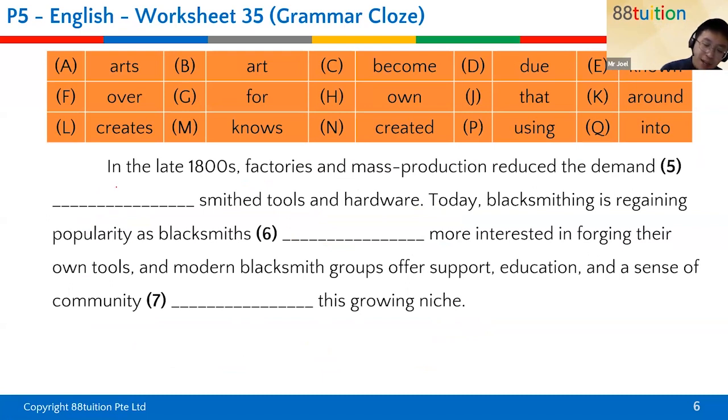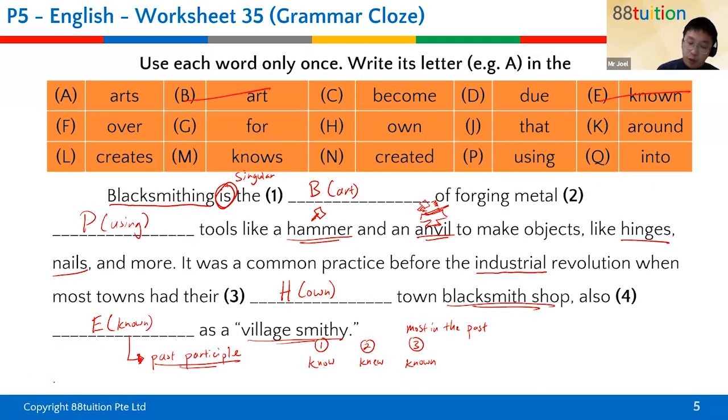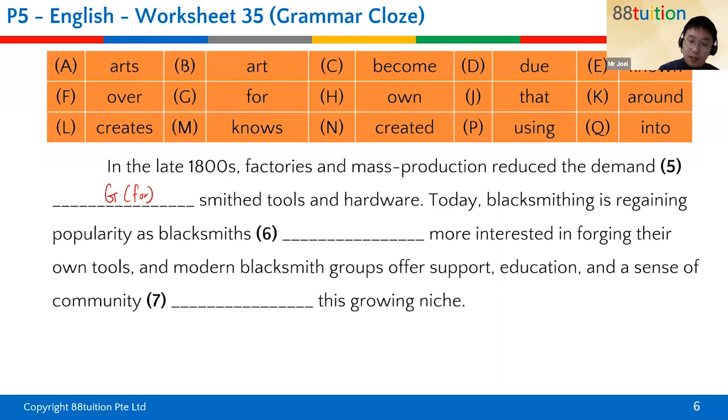So it reduced the demand for smith tools, right? So previously, what did we use? We used B, P, H, E. Let's cancel that here so we don't look at the same things. B, P, H, and E. And over here, we've used G as well. Let's cancel that. All right, for smith tools and hardware.